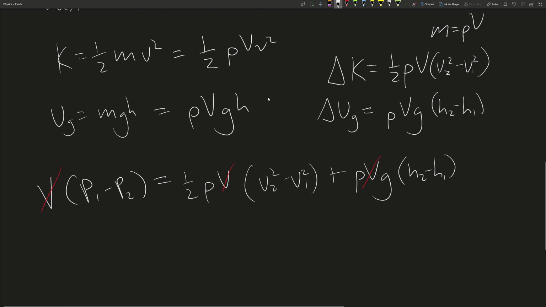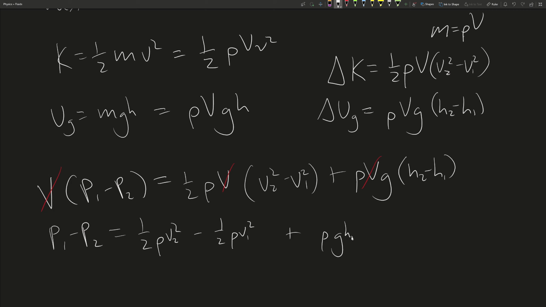So we get that P1 minus P2, the pressure difference, is equal to 1/2 rho V2 squared minus 1/2 rho V1 squared plus rho g H2 minus rho g H1.